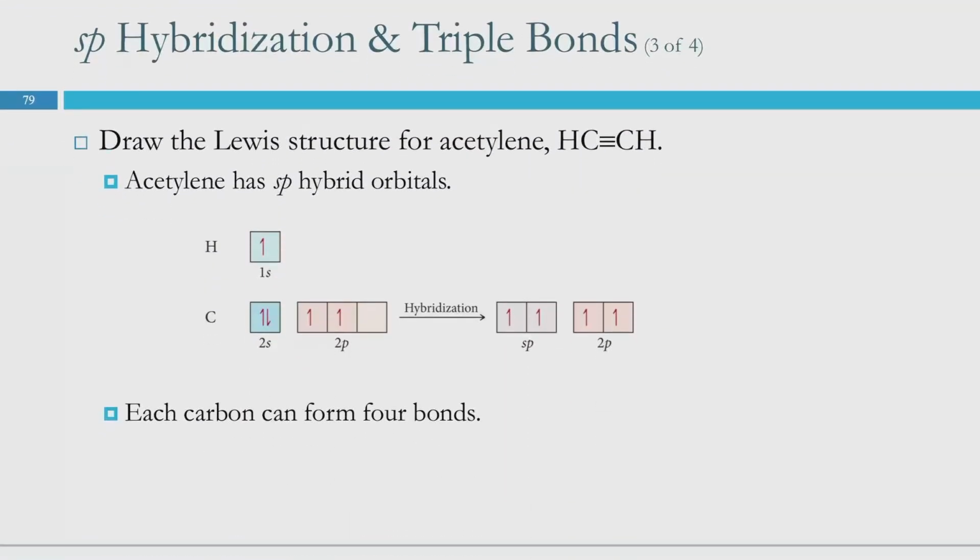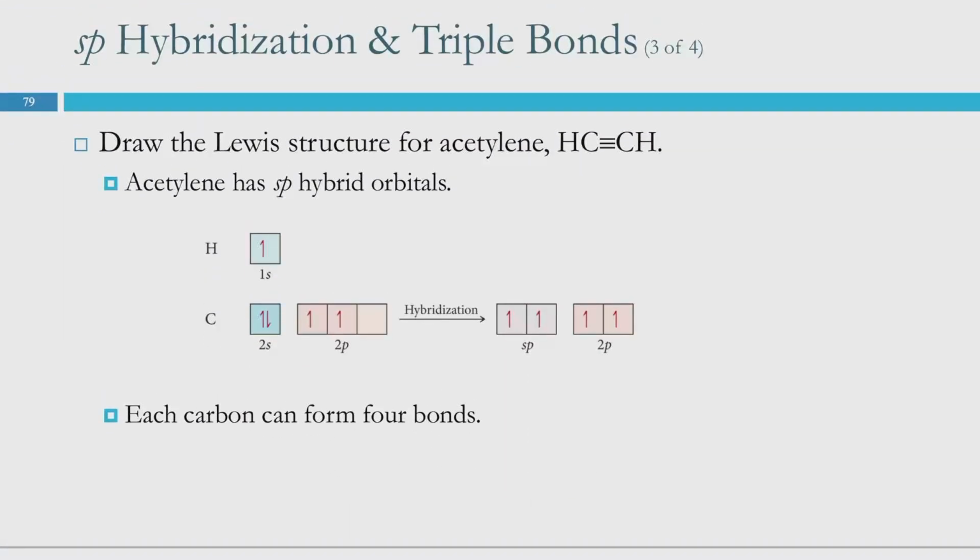If we do a Lewis structure for acetylene, it has sp hybrid orbitals, and one of the s and one of the p blend together, and after we hybridize, we end up with 4 unpaired electrons, 4 unpaired orbitals. 4 unpaired orbitals in valence bond theory means that we can make 4 bonds.